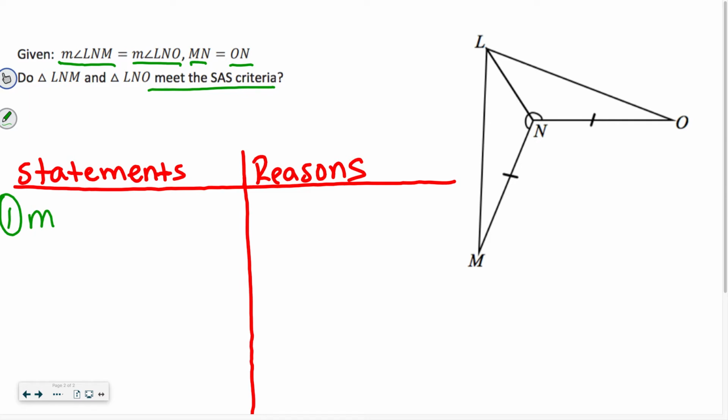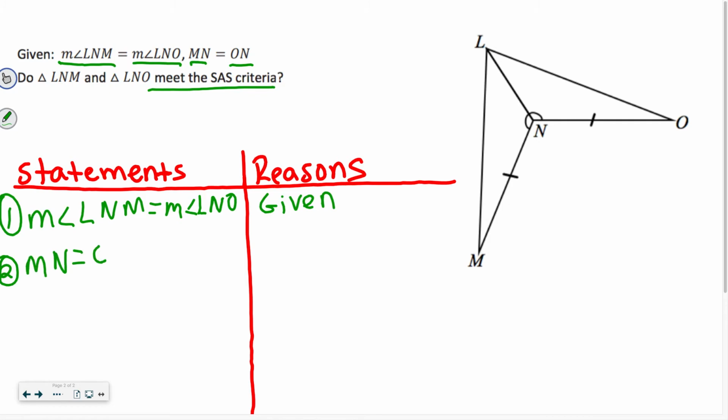The measure of angle LNM is equal to the measure of angle LNO. And we know that that's given, right? That's just the reasoning for that. We're accepting that to be true. And the second piece of information is that MN is equal to ON. And again, the same reasoning here, right?